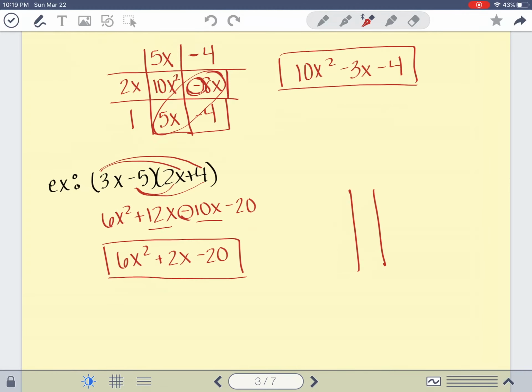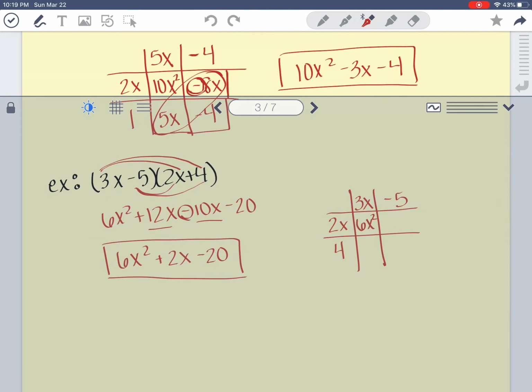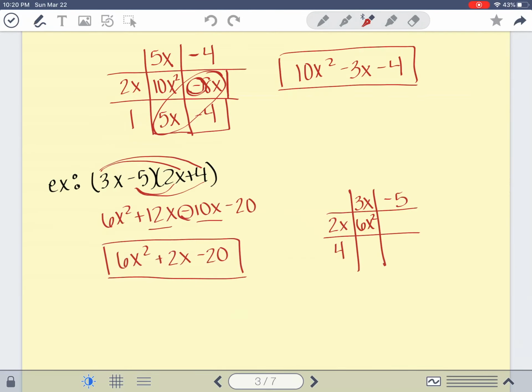So let's double check. Oh, it's moving on me again. All right, we have 3x minus 5 and 2x plus 4. So 2x times 3x gives us 6x squared. 2x times a negative 5 gives us a negative 10x. 3x times 4 gives us 12x.